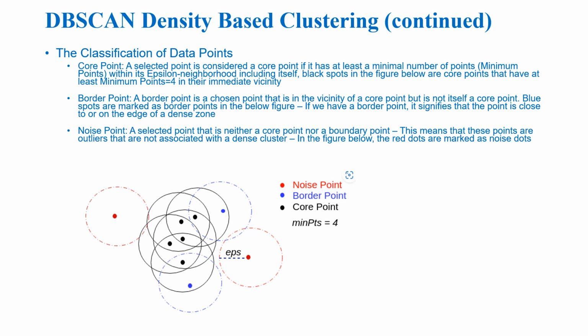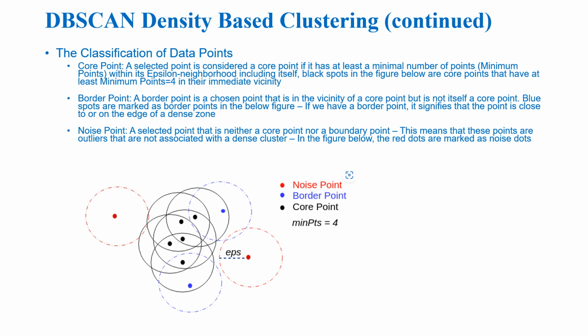Classification of data points, and you can see examples here below. Noise points in red, border points in blue, and core points in black. And this is an example with minimum points set to 4, and on the bottom circle there, with the red dot, they show epsilon, and again, that's the distance from a point, going out where you look for other points.